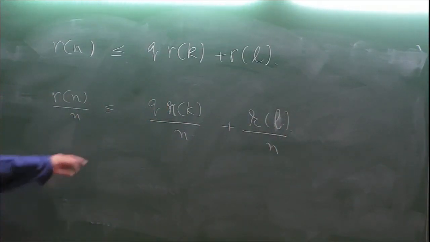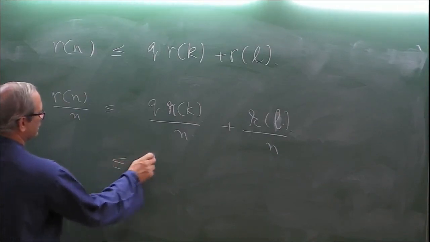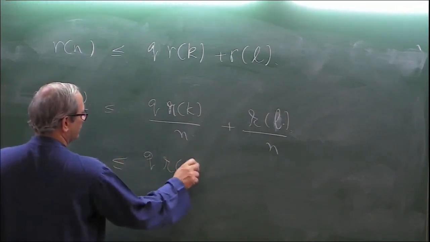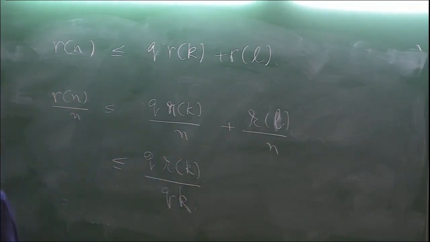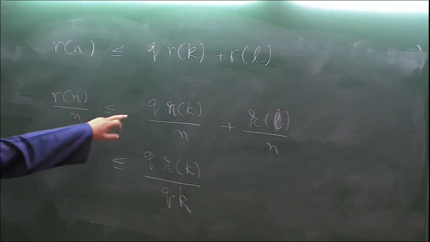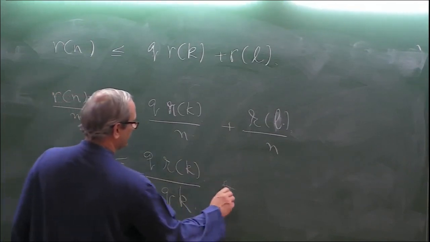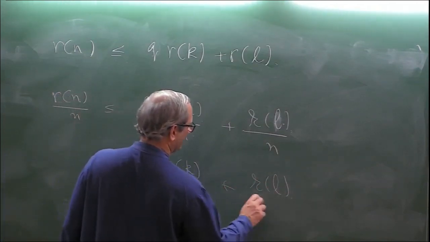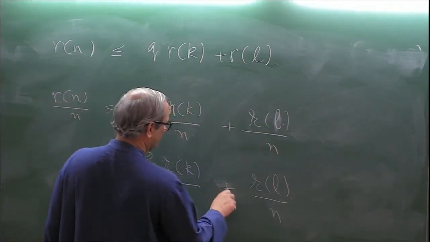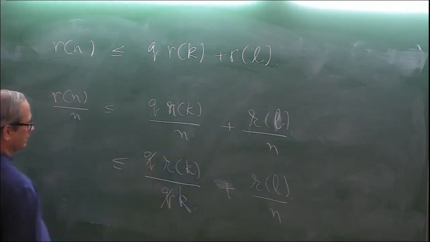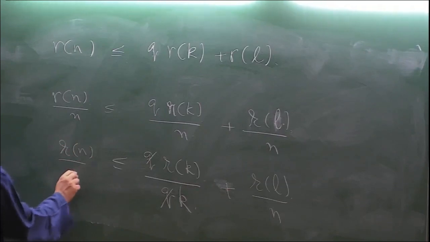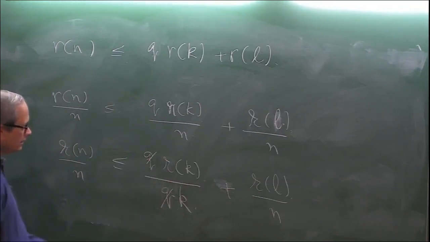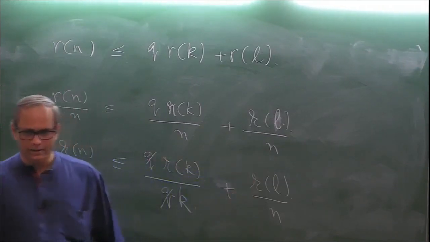Now this would be less than q Rk by qk, since n is actually qk plus L, so this will bound it from above, plus RL by n. So you cancel here and you get Rn by n is less than Rk by k plus RL by n.